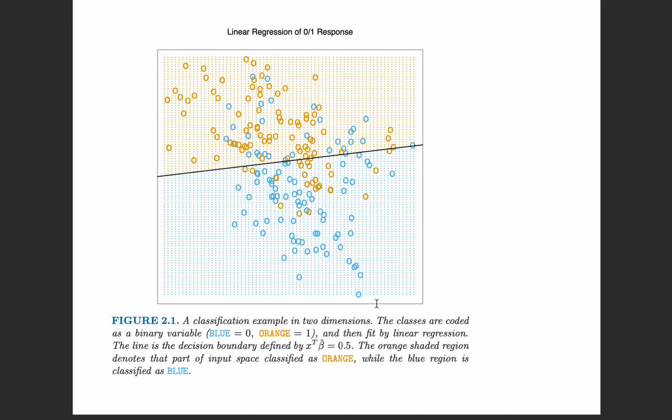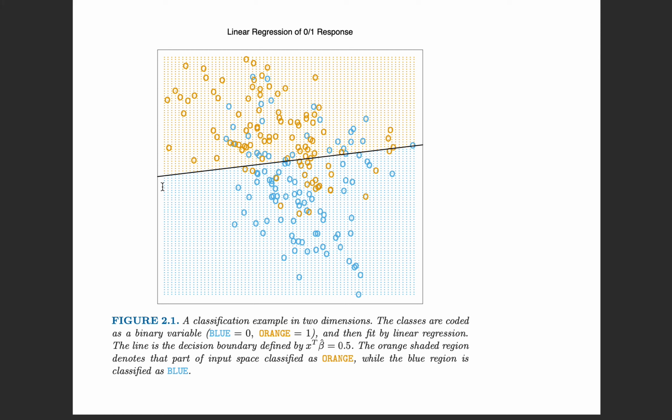Now, this is not something that's very popular or used, but it's an interesting idea. What is essentially happening here is that you have these circles, and for each of these orange circles you can have a response of 1, and for the blue ones a response of 0, and then treat it as a linear regression and fit a hyperplane.